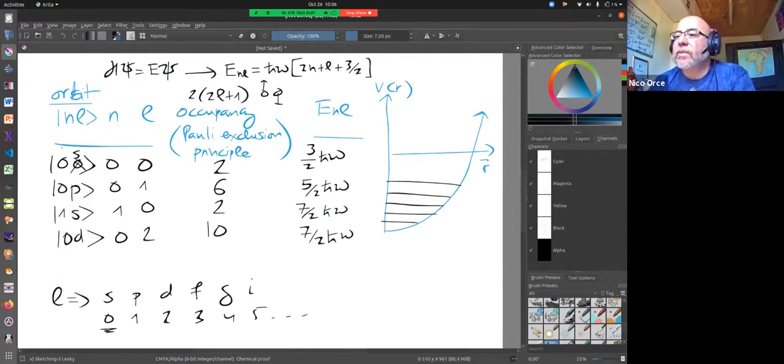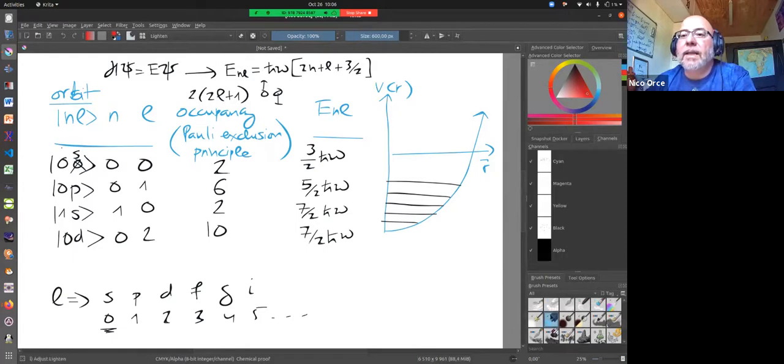So basically, this is what is happening. In the first one, we have 2. In the next one, we have 6. The next one, we have 2. The next one, we have 10.